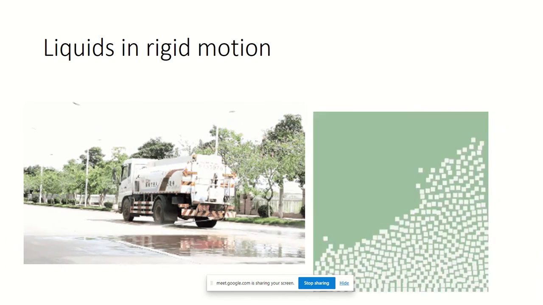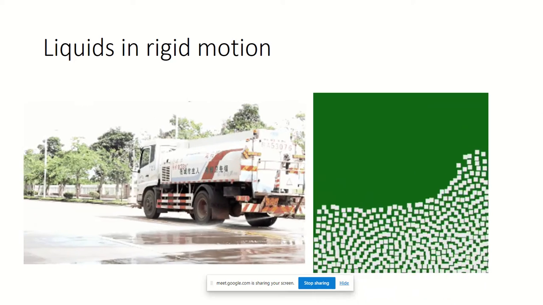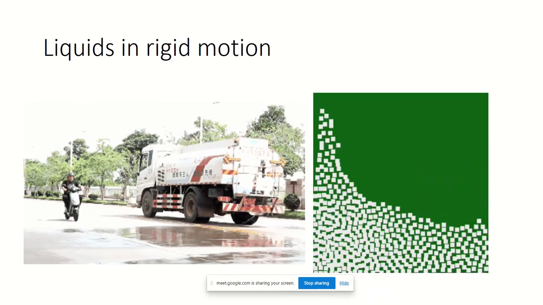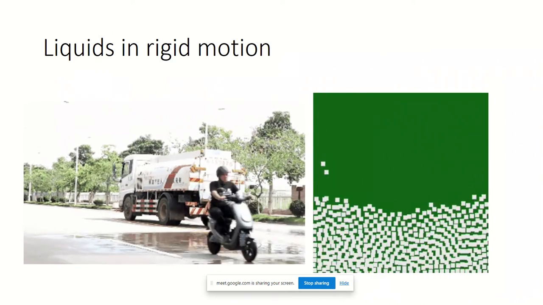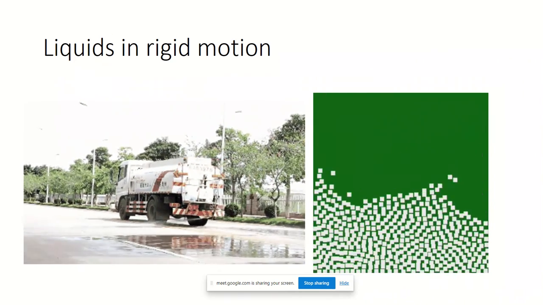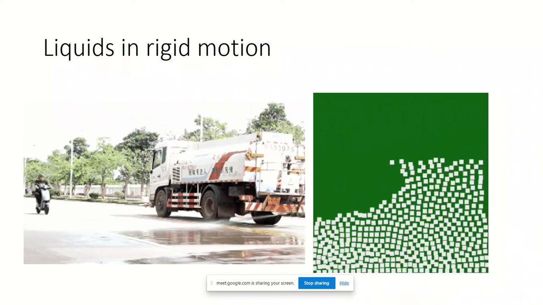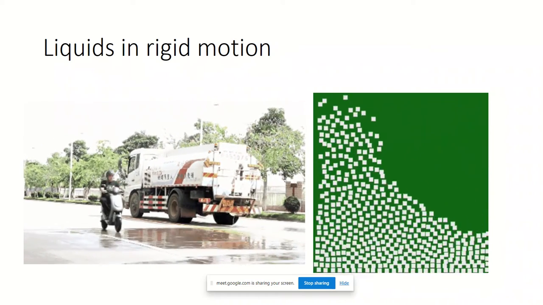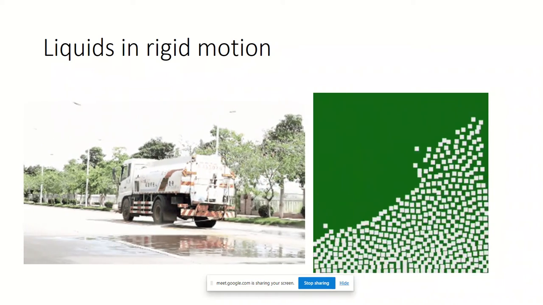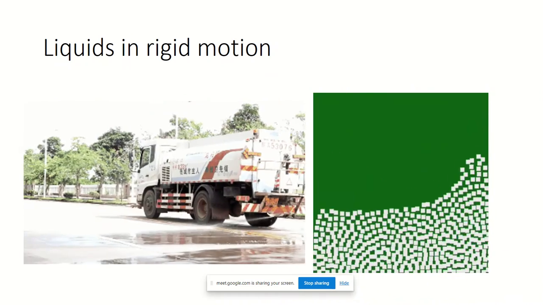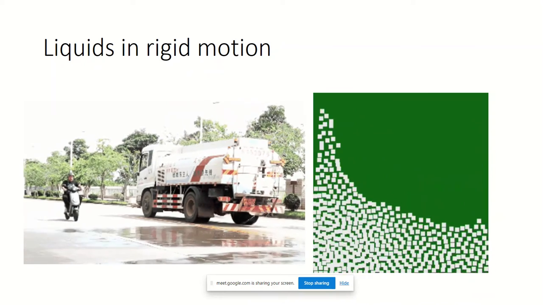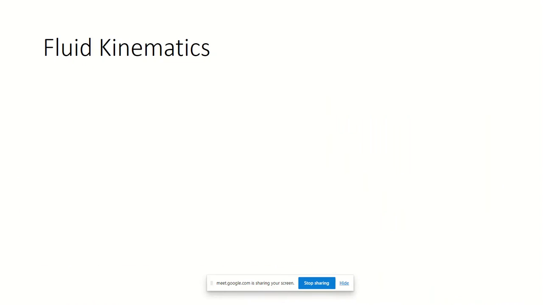I have given the image of a truck. How the water in the truck will move when taking a right turn or left turn, and how the truck wall will get forces based upon its motion. That we'll discuss in liquids in rigid motion.